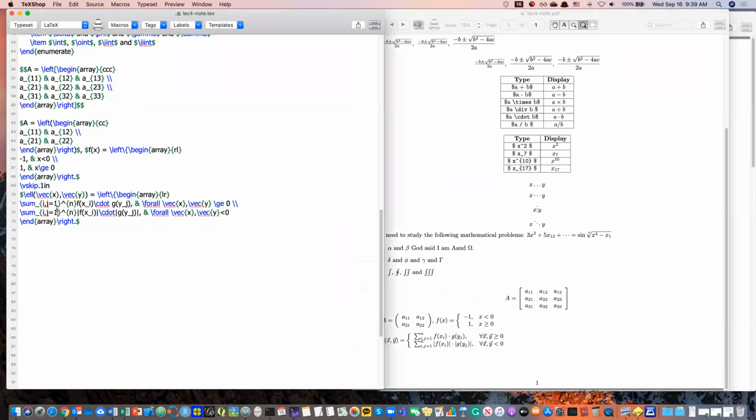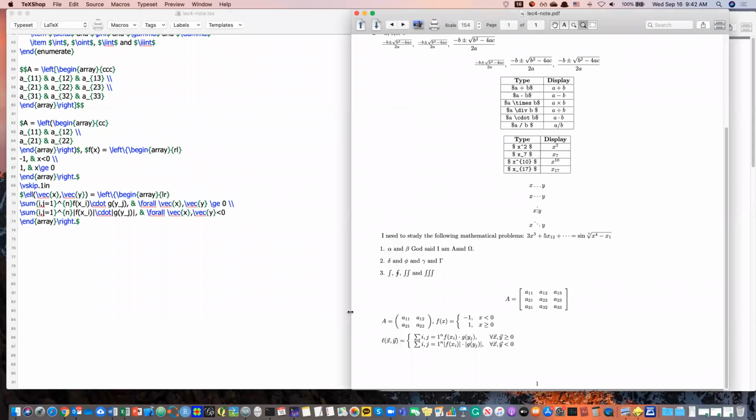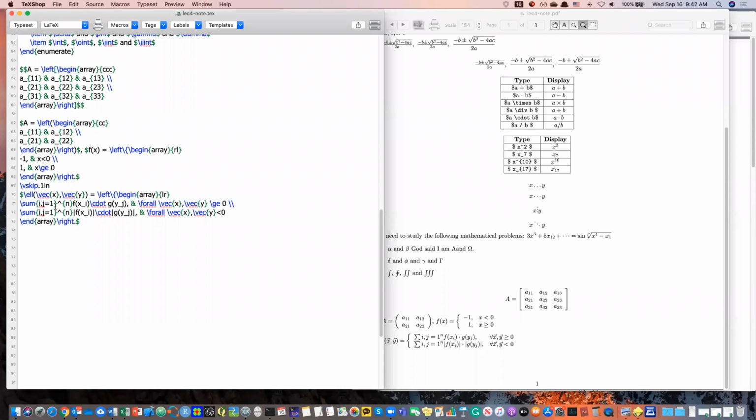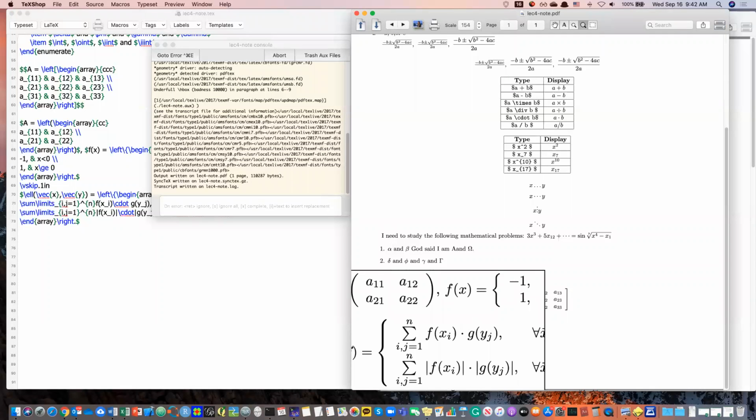So to get the subscript and superscript right below and right above the sigma, we put this one, the limits. Not the limit, the math terminology, limits. Then you will get this. You see that?